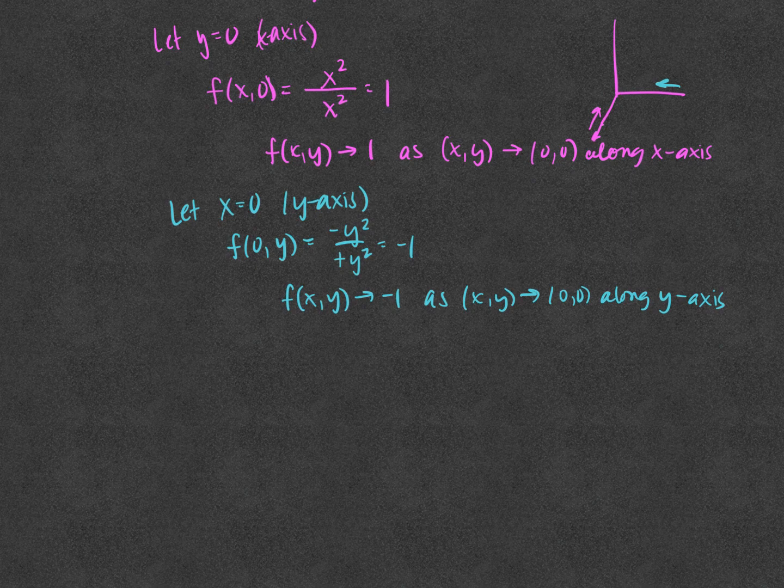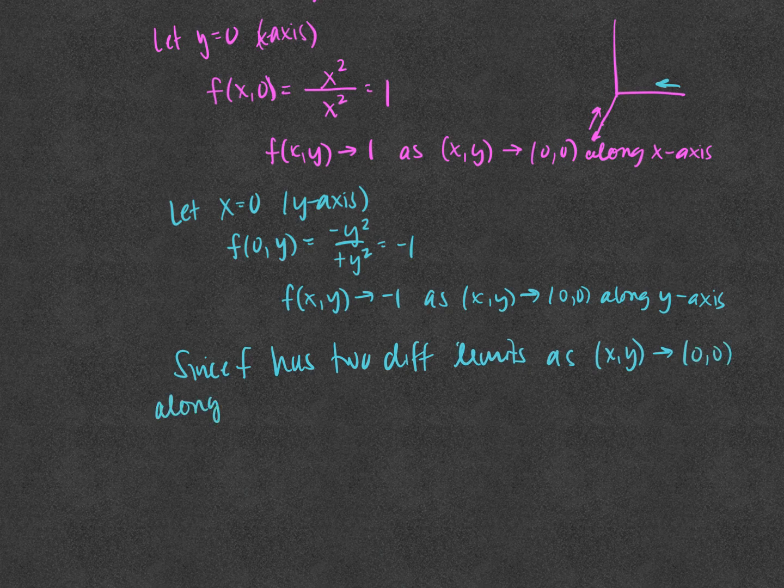So now we say, since f has two different limits as (x, y) approaches (0, 0) along two different lines, the limit does not exist. I'm not going to write out "does not exist." Neither are you. It's okay.